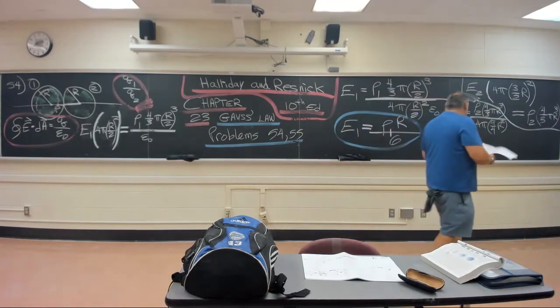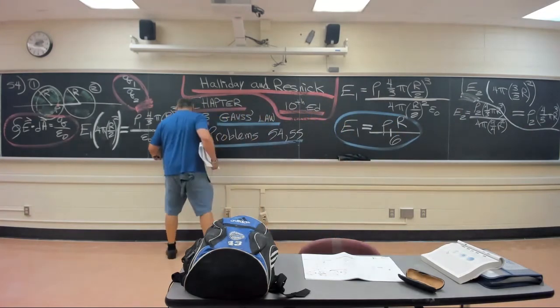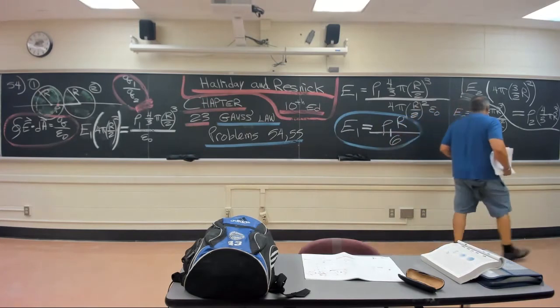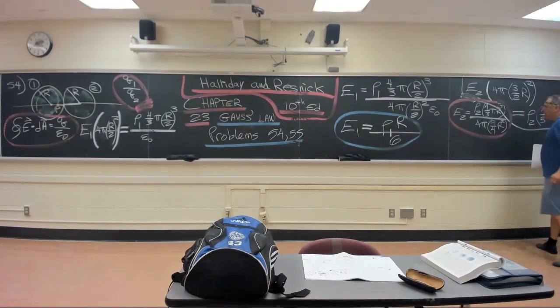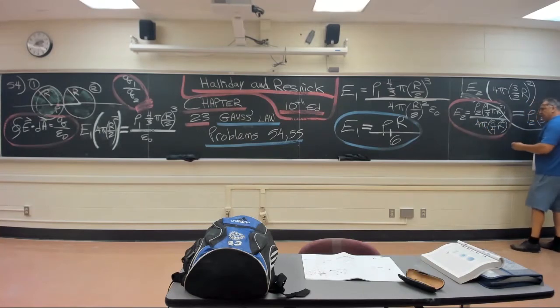True. And again, at this point we do the algebra. 9 over 4 times 4 is just 9, so it's going to be 9 pi r squared.